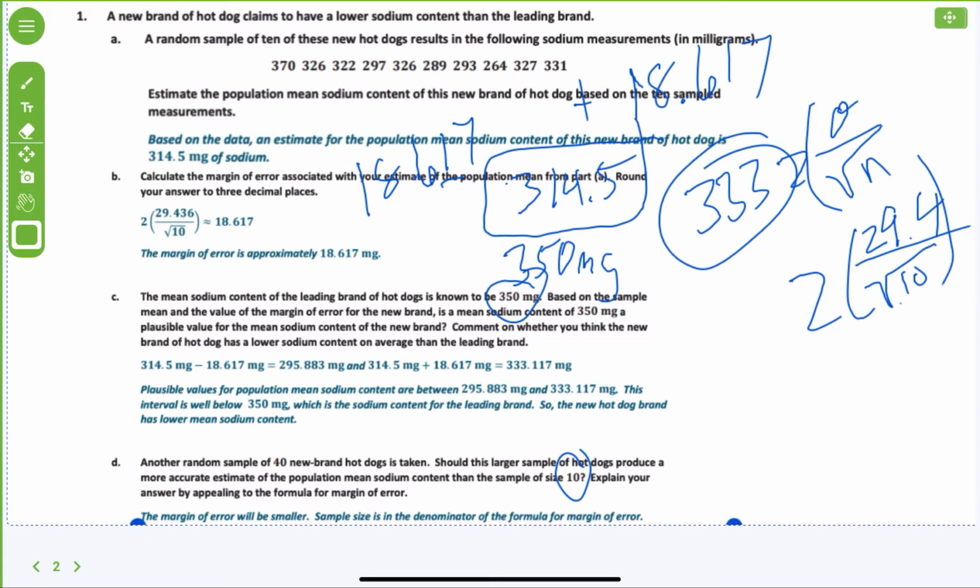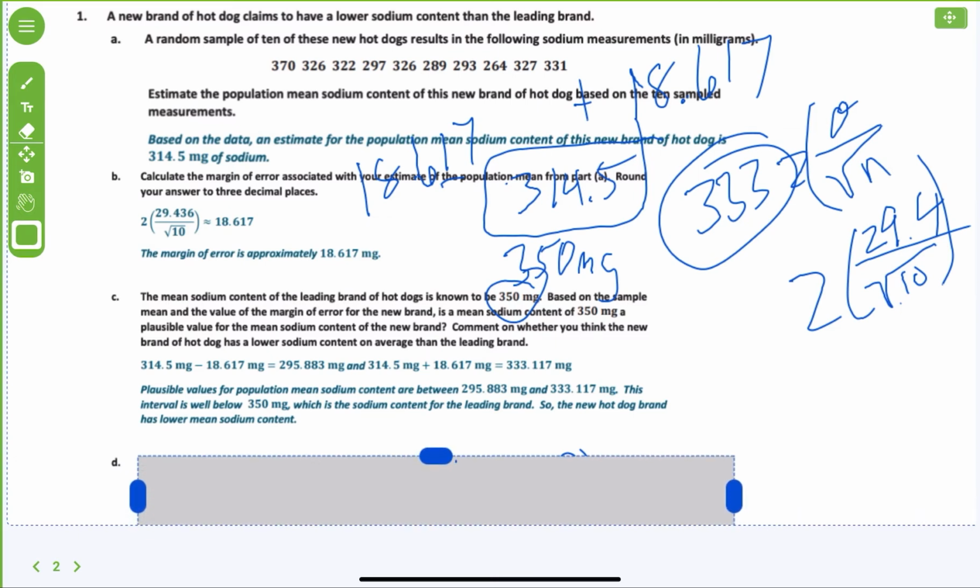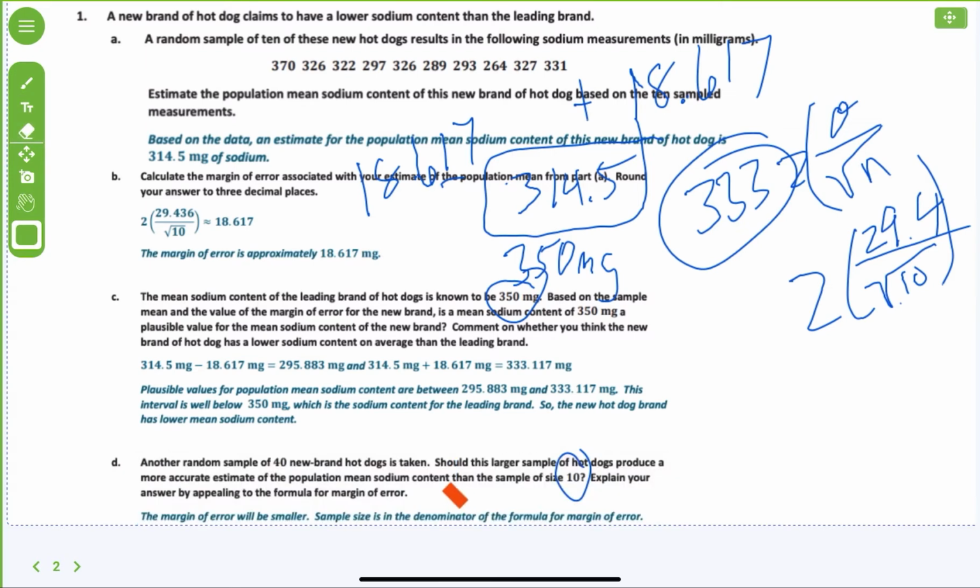Sample size is in the denominator of the formula for the margin of error. That's what we talked about the other day, why this is mathematically correct: as your denominator goes up, your value goes down.